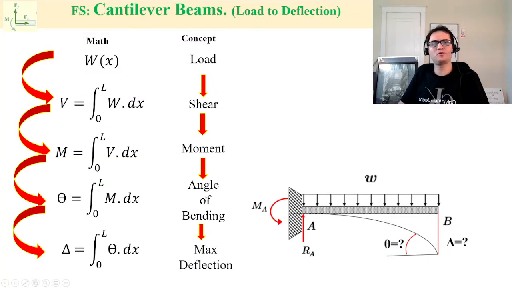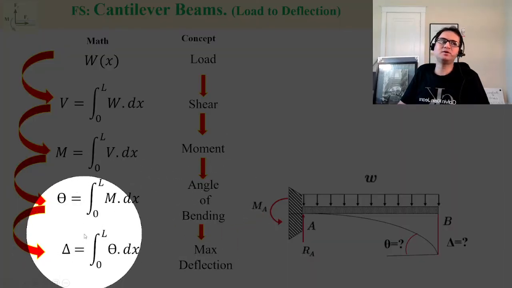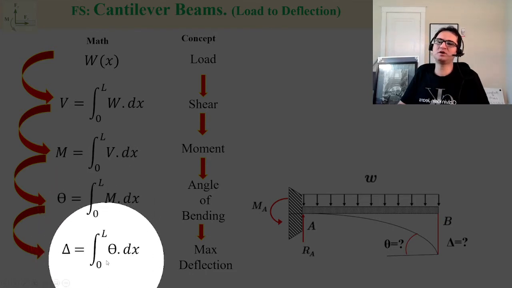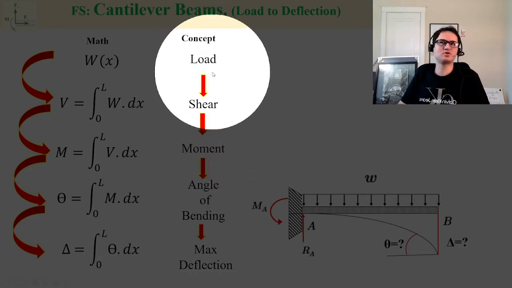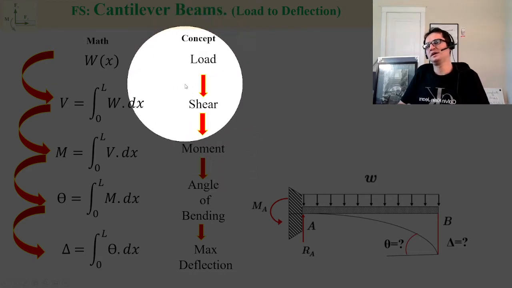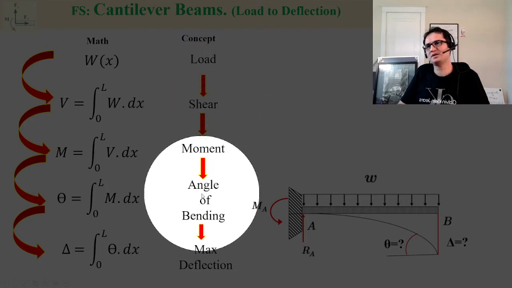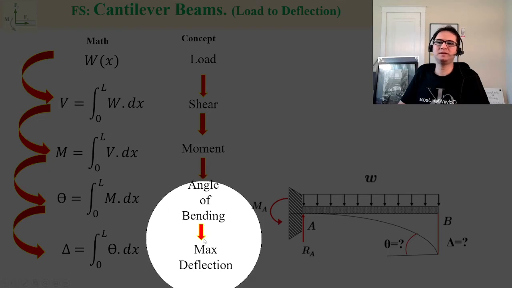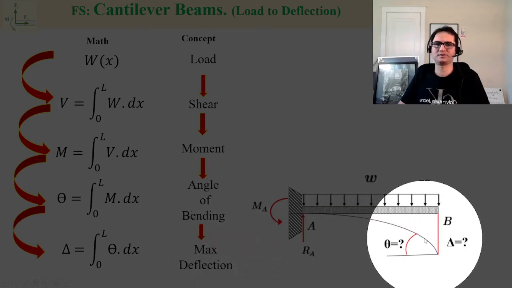And the fourth consecutive integration gets us to delta, or deflection of the beam, which is the area under the slope. So conceptually, the area under the load is shear, the area under shear is moment, the area under moment is angle of bending, and the area under angle of bending gives you the maximum deflection. So that's theta and delta.